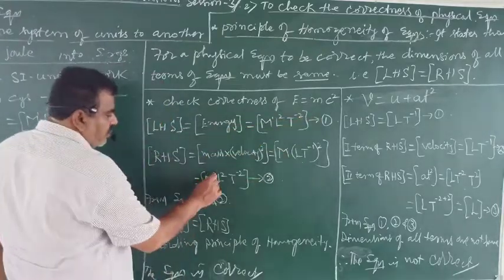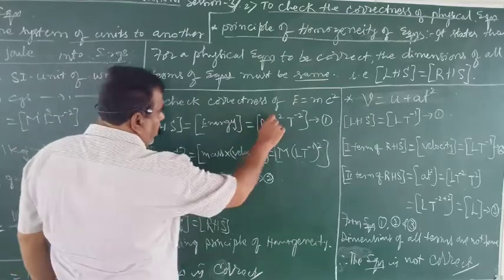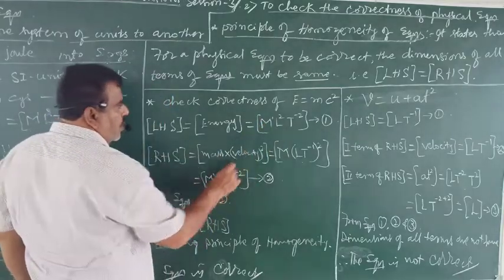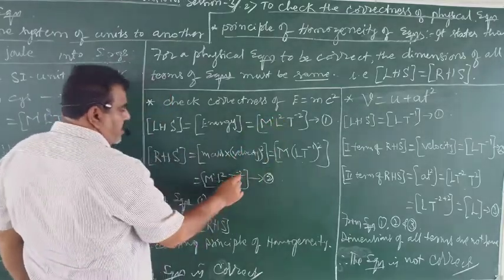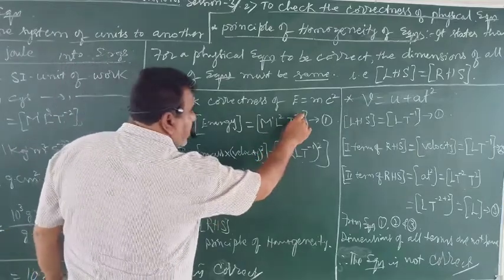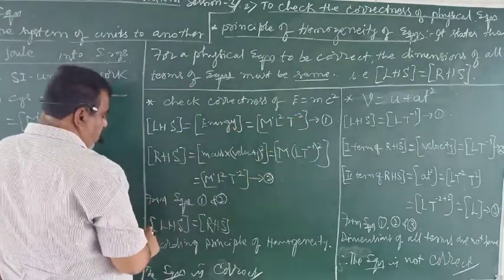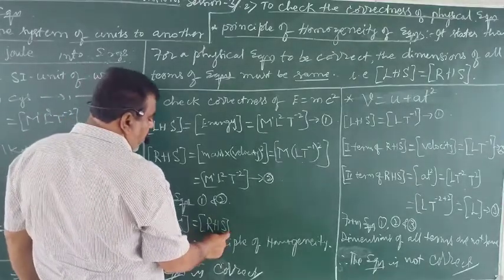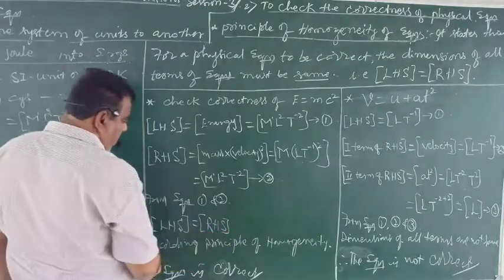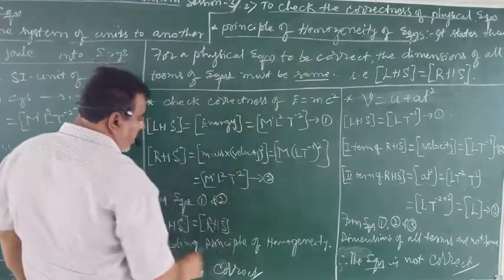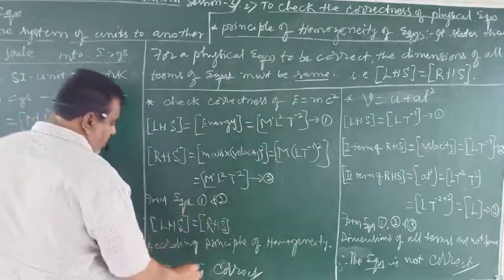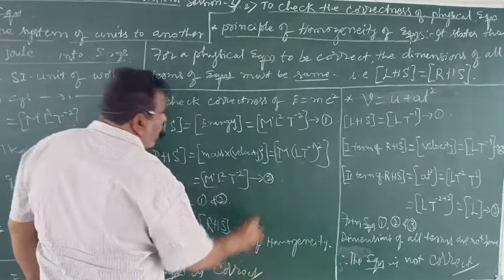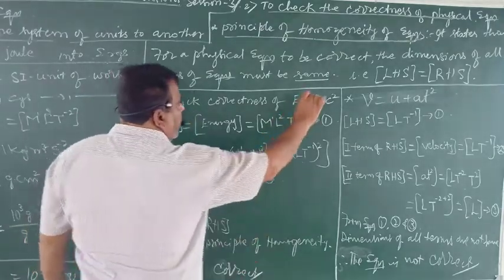The dimension of mass here is 1, here also 1. Here is 2, here also 2. Here is minus 2, here also minus 2. Therefore, dimensional formula of LHS is equal to the corresponding dimensions of RHS. According to the principle of homogeneity, all the terms have same dimensions. Therefore, the given equation is correct.